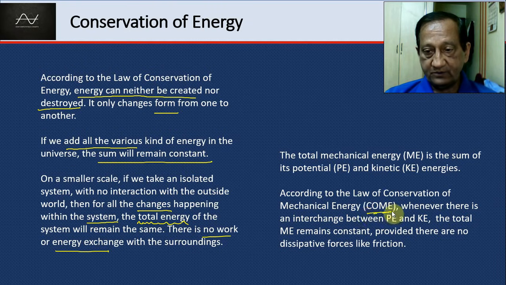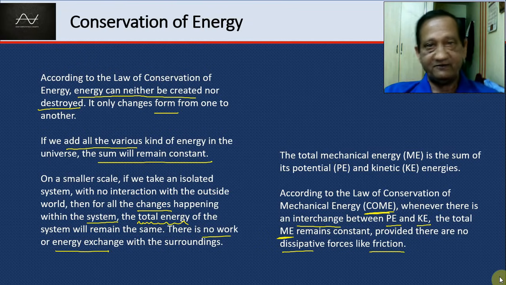And this only happens when the work is being done only by conservative forces. In such a case, whenever there is an interchange between potential energy and kinetic energy, the total mechanical energy remains constant. Provided, of course, that there are no dissipative forces or non-conservative forces like friction or air resistance or viscosity.